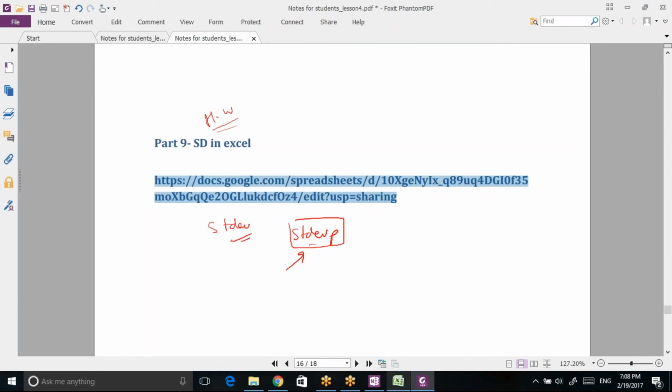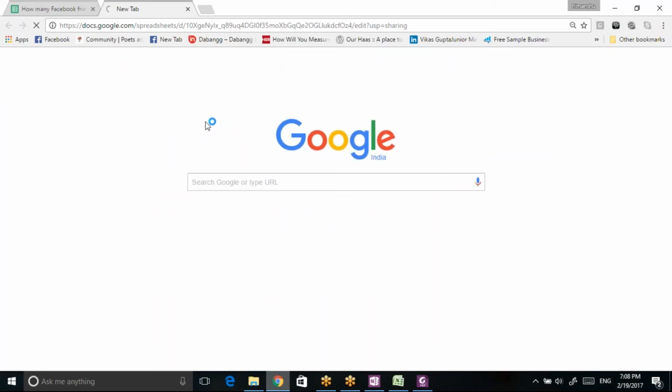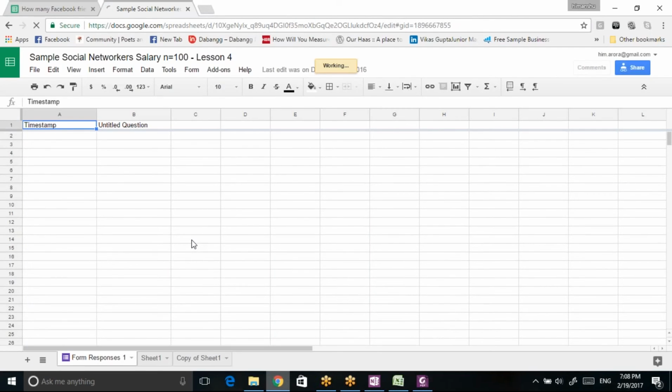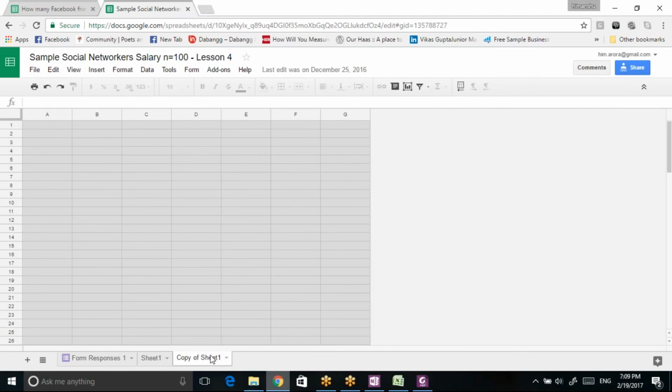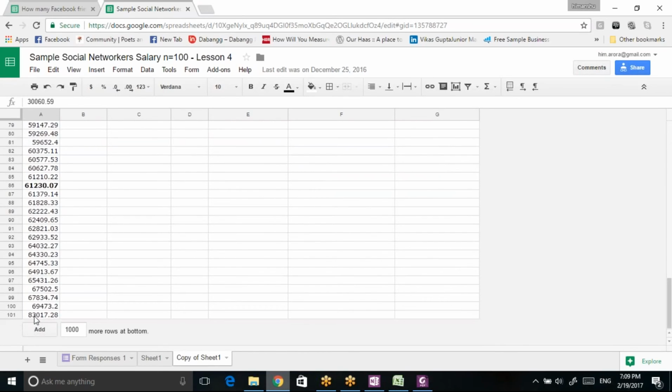Let me open this data sheet. So this is the salary data of people with social networking accounts, and I have 100 observations.